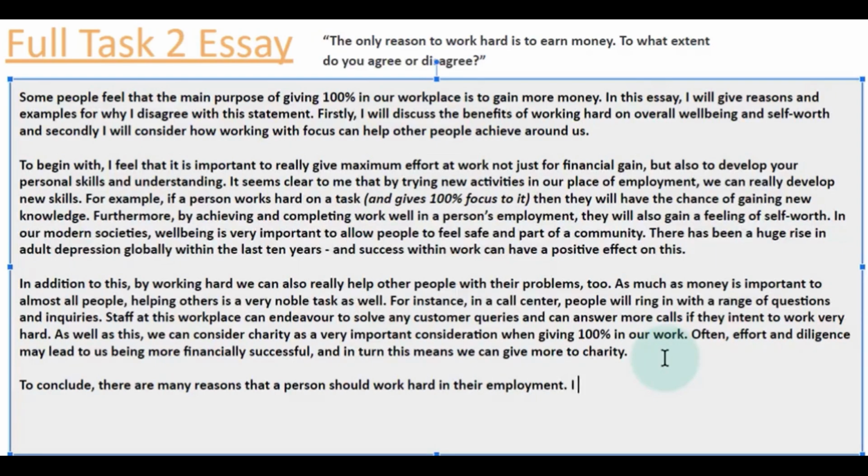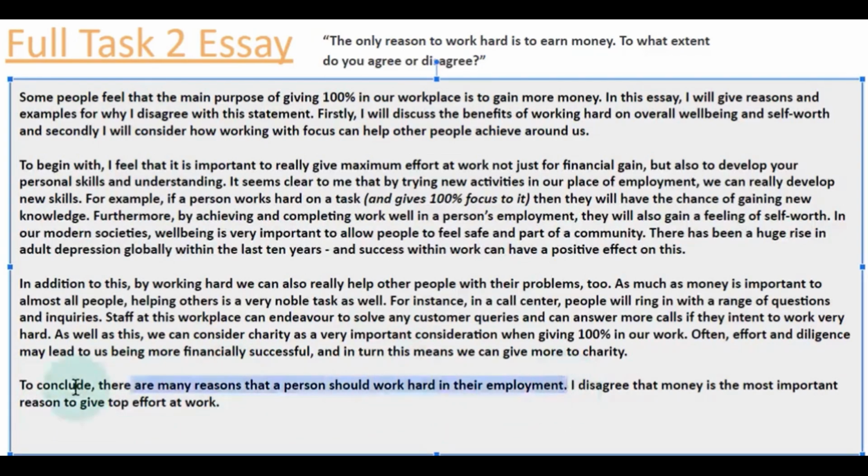I disagree, my opinion, I disagree that money is the most important reason to give top effort at work. Straightforward, simple, and you can't disagree with the conclusion here.